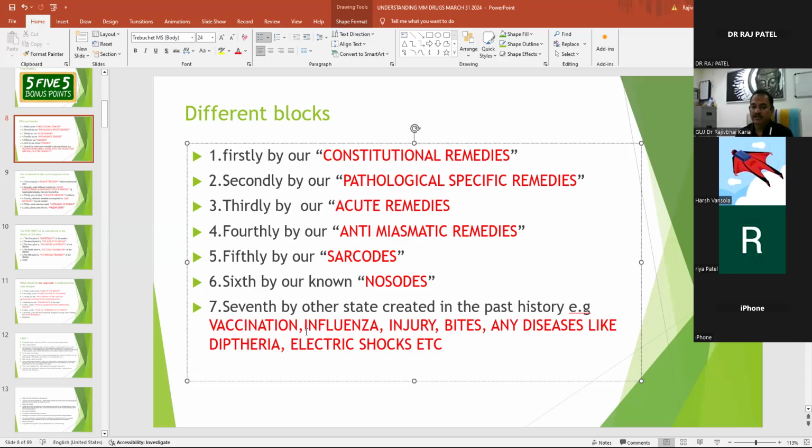For example, COVID-19 vaccine we have, influenza we have, injuries, snake bites, insect bites, any disease like diphtheria, electric shock. Do you know Hahnemann has given one remedy like electricitas? It is there in Allen's nosodes.